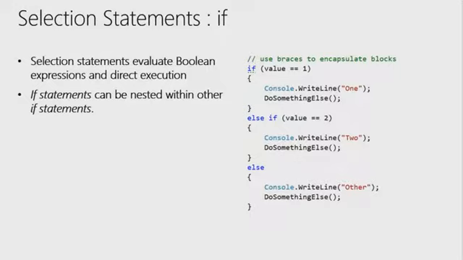In C, you could actually do an assignment in this scenario where you could say value equal 1, and it would actually return the value of that expression, which would be 1, which the C compiler would turn around and say equals true, and would then actually go and process. The C# compiler prevents that by saying you cannot do an assignment here, it has to evaluate to a Boolean expression.